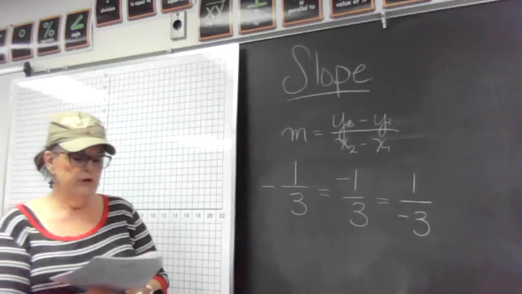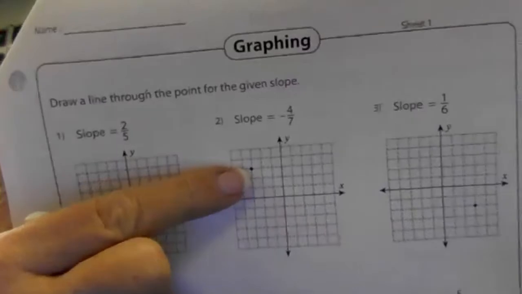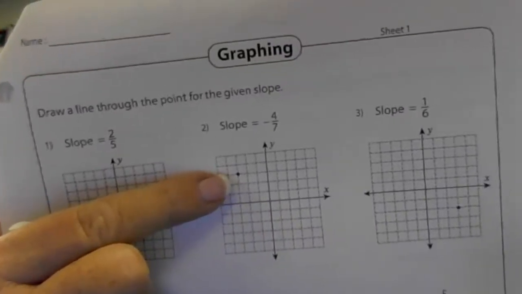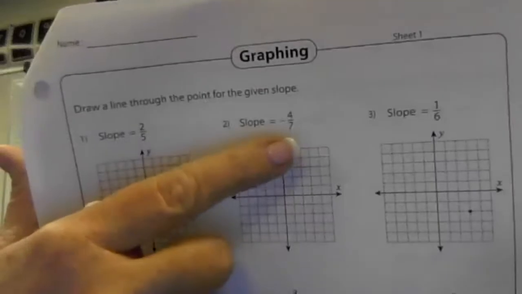Okay, so what we're going to do is number 2. And again, it has a point right here at negative 3, 3, and then they give us this negative slope.